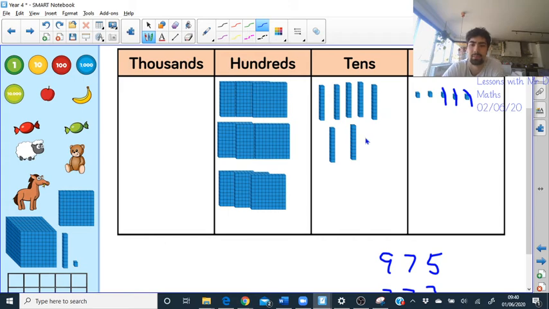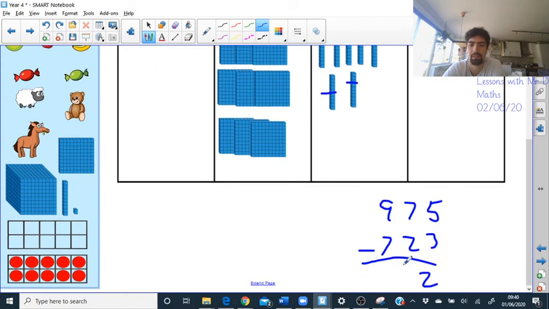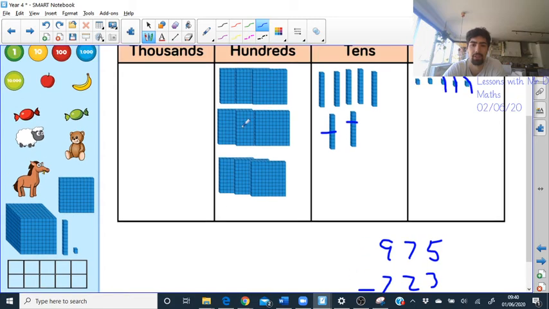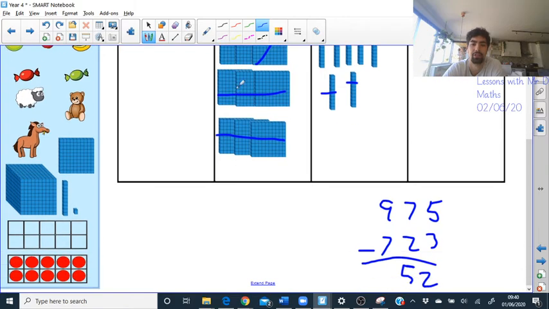I had 7 tens and I'm taking away 2 tens. And I'll have 1, 2, 3, 4, 5 tens left over, really simple stuff. 900s, take away 700s. 1, 2, 3, 4, 5, 6, and take off that one there. And I'll have 2 left over. 752, easy peasy.